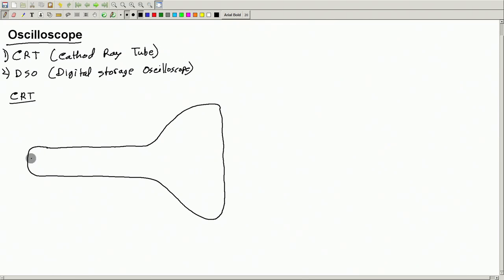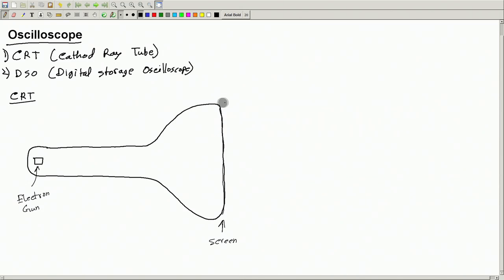In one end we have an electron gun, and on the other end, this side, we have a screen. Basically some phosphor material is coated on this side of the glass.